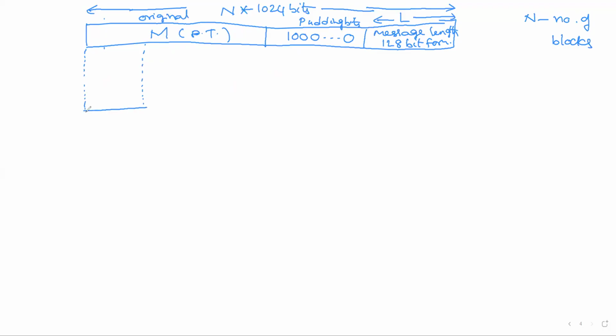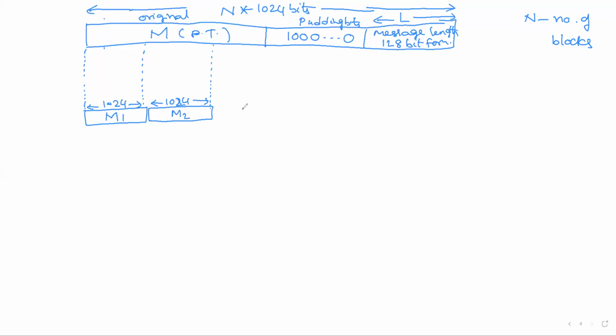The first 1024 bits of the processed message is the first block, represented with M1. What is this block size? 1024 bits. The next 1024 bits represent the next block, M2, which is also of size 1024.